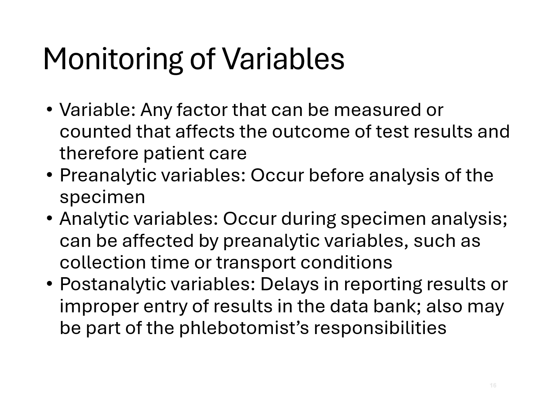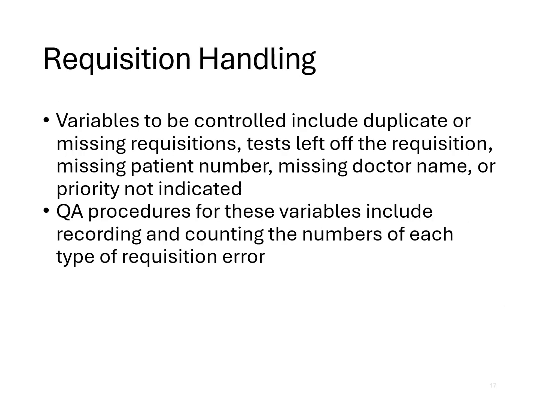Analytic variables occur during specimen analysis, which can be affected by pre-analytical variables such as collection time or transport conditions. Post-analytic variables can be delays in reporting results or improper entry of results into the computer. This may also be part of the phlebotomist's responsibilities depending on where you work.